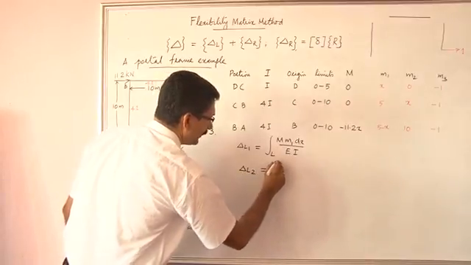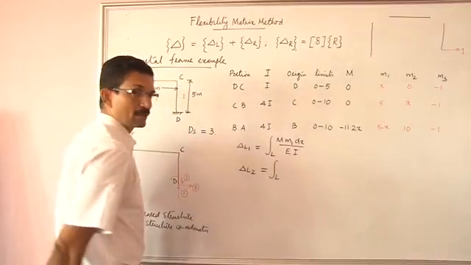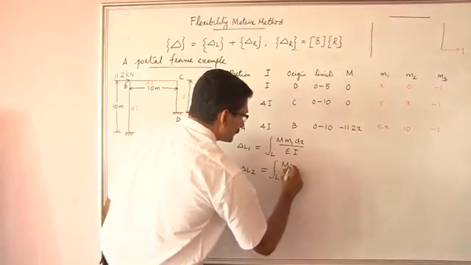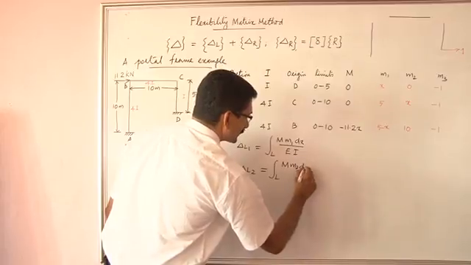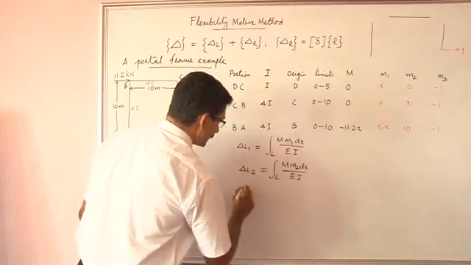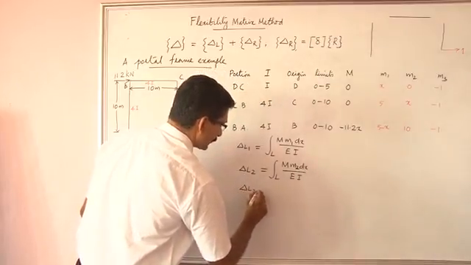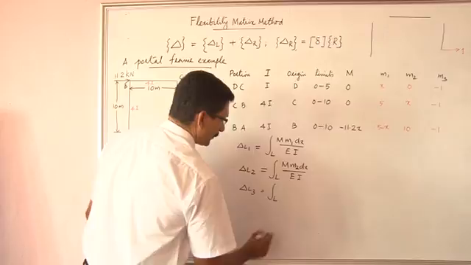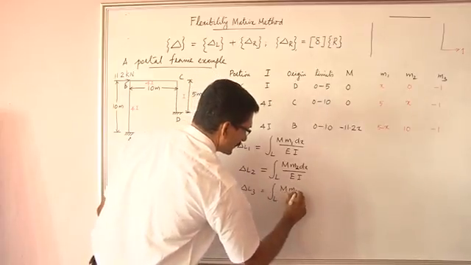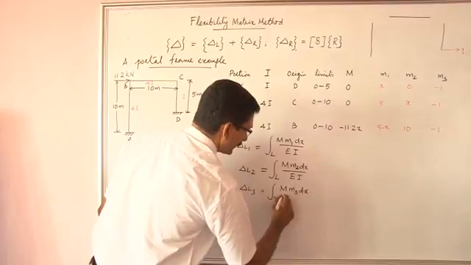Delta L2 will be given by integral over the length of the portions, capital M, small m2, dx divided by EI, and delta L3 would be integral over length L of the portions, capital M, small m3, dx divided by EI.